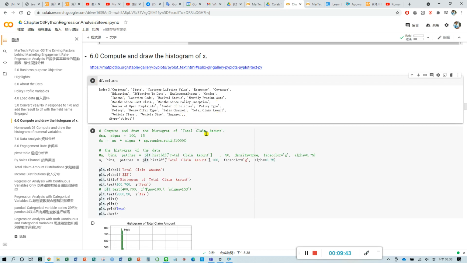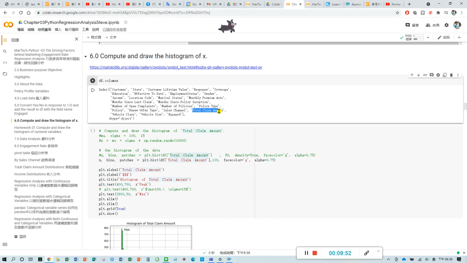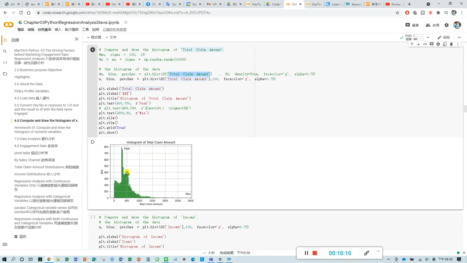Right now, I would like to draw the total claim amount, 理赔的金额. The total claim amount is here, in these variables. So don't forget the quotes. They represent the variable name. So I would like to draw the histogram for the variable total claim amount. What is the distribution for the total claim amount?